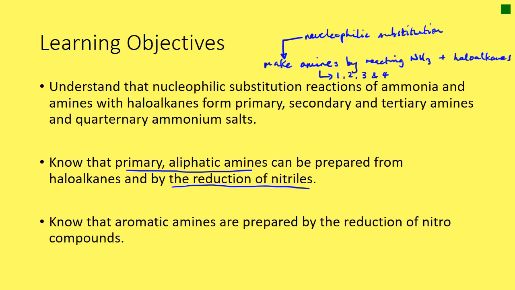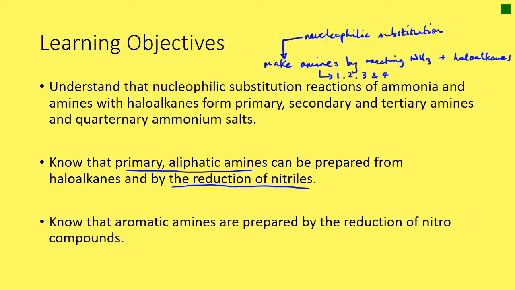And when we're making it, the reaction mechanism is a nucleophilic substitution reaction. And when we make the amines, we not only make primary amines, but we make secondary and tertiary amines, and also quaternary ammonium salts. Okay, so that's what this one means.